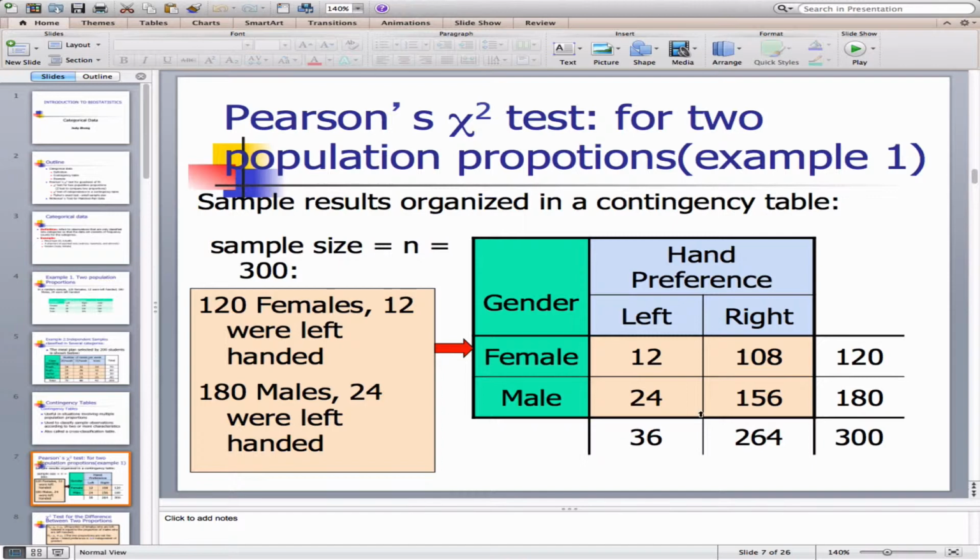So if we are going to introduce a new test, for example here the chi-square test, those are the three things we are going to concentrate on.